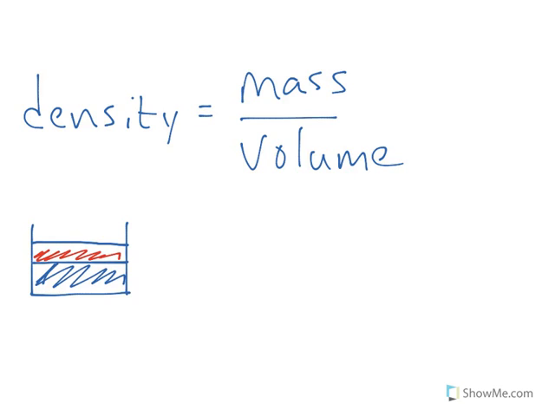If they are what we call immiscible, which means they will not mix, much like oil and water, we can determine the density very quickly of the two liquids relative to one another. In this case, the red liquid is floating on top of the blue liquid, so the red liquid would be considered less dense, and the blue liquid would be considered more dense.